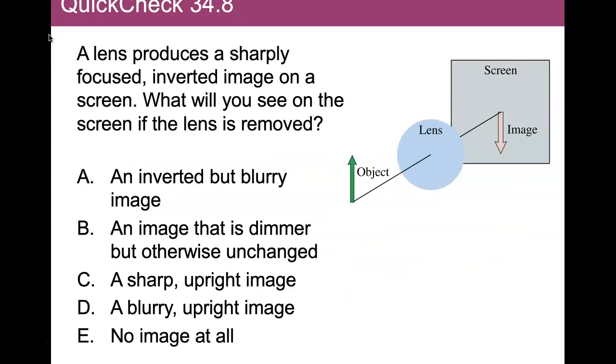All right, so here's a quick question. Pause the video, try to find the answer. This lens produces an inverted image on the screen on the other side. And the question is, what do you see on the screen if the lens is removed?